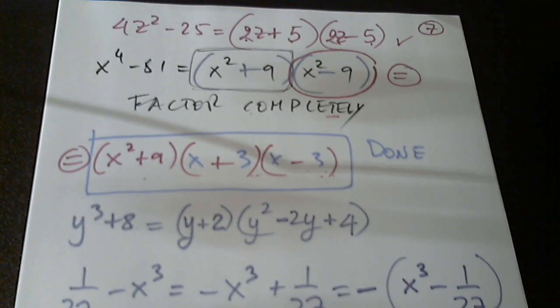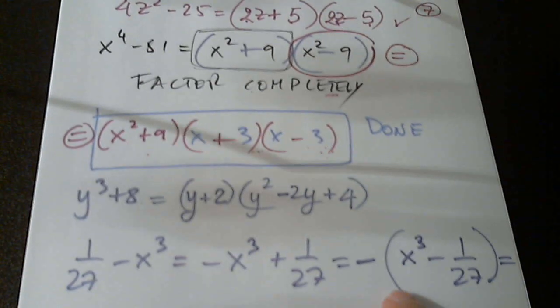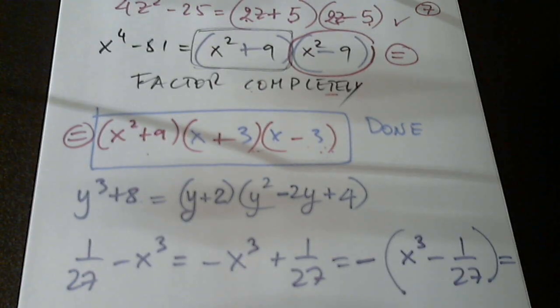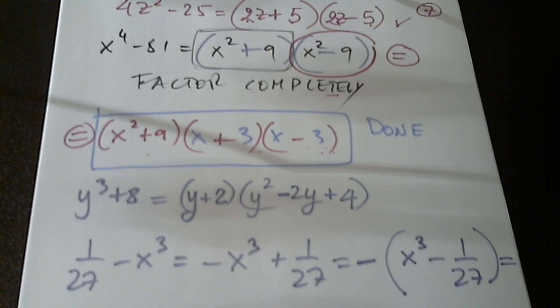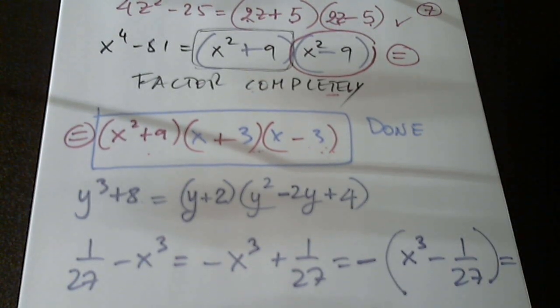-1 times x cubed, correct. -1 times -1 over 27, correct. Good. Binomial, descending order, greatest common factor, negative leading coefficient. Now you're going to say this is a difference of cubes. And please tell me if it's a difference of cubes. I have minus, minus, and plus.